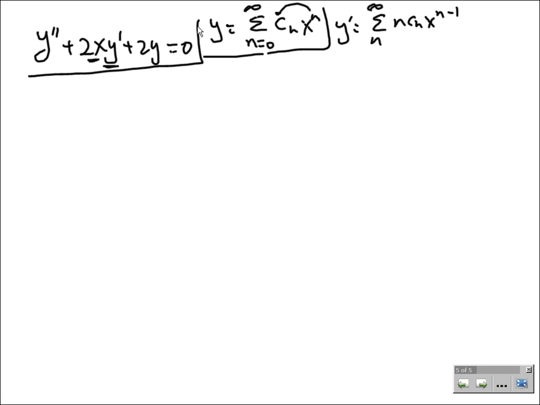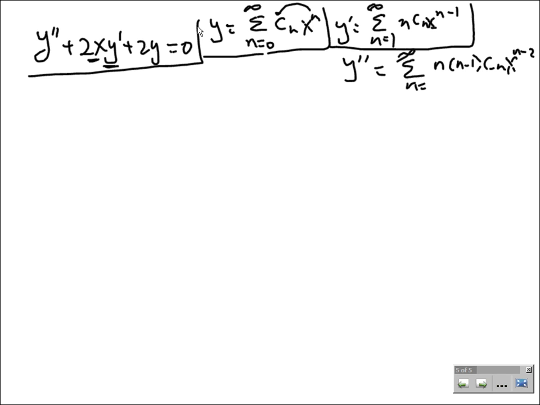Now, there's no point in starting with 0 because when n is 0, the factor n is 0, and the whole thing will be 0. So we can get away with starting at 1. And if we were to take the next derivative, we would get the summation as n goes from 1 to infinity of n, bring down the n minus 1, c sub n, x to the n minus 2.